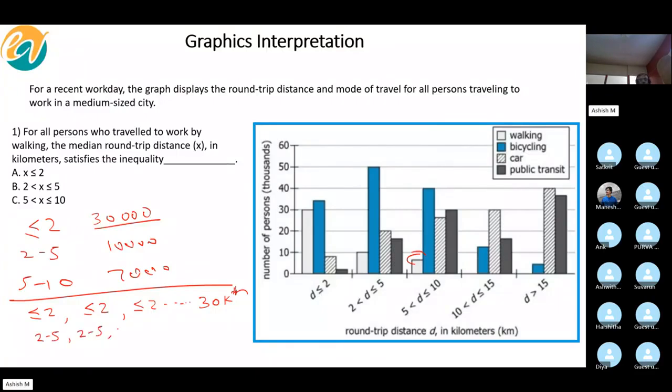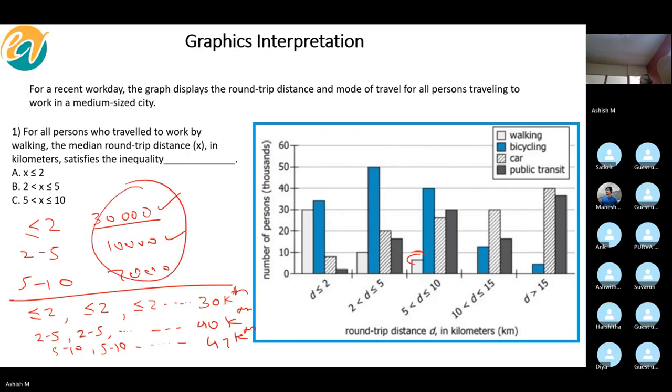Next person also 2 and 5, and so on till 40,000th person. Why 40,000th? These 30,000 plus 10K more, right? And then 40,001 person between 5 and 10, right? Again, between 5 and 10, and so on till 47,000th person.